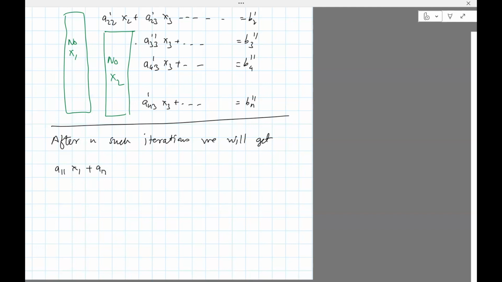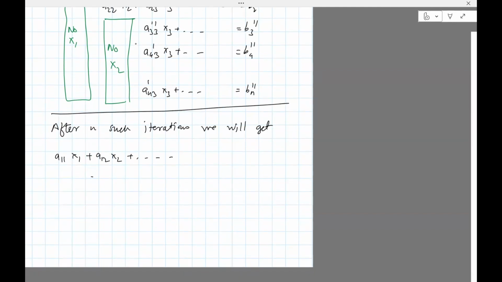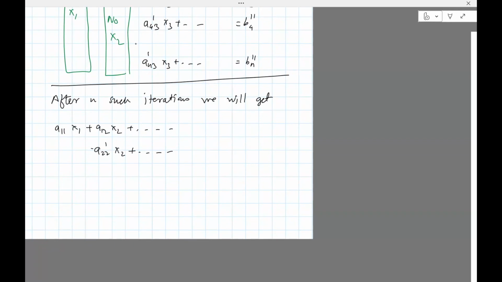First row remains unchanged. Next one would be a22 prime x2 plus so on. Next we'll have a32, a23 x3 with a prime.